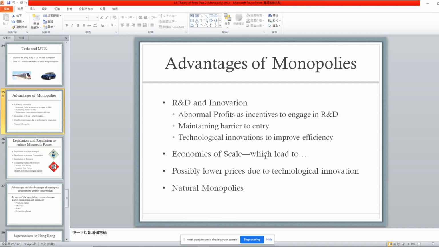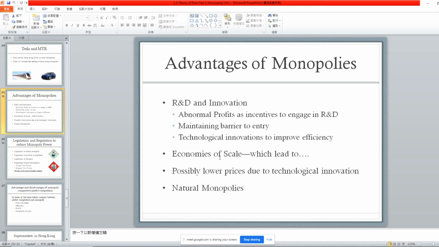So here, based on the first point, if you're able to have a lot of R&D and innovation, and because of that you get more efficiency, you can produce even higher output without lowering your price or things like that. So in the end you can still have your economies of scale, which is good.